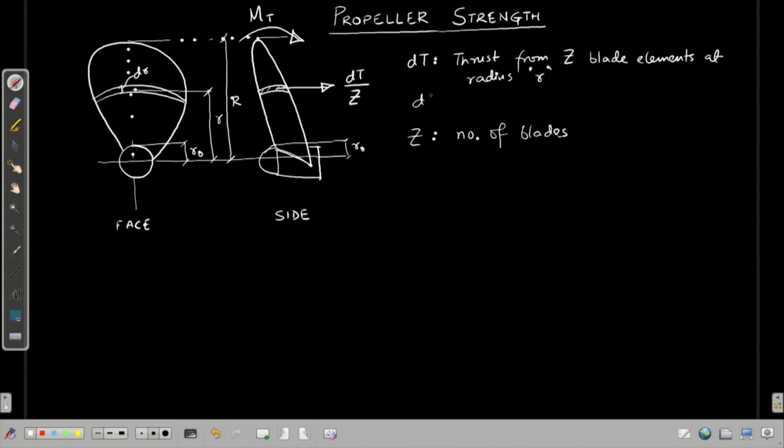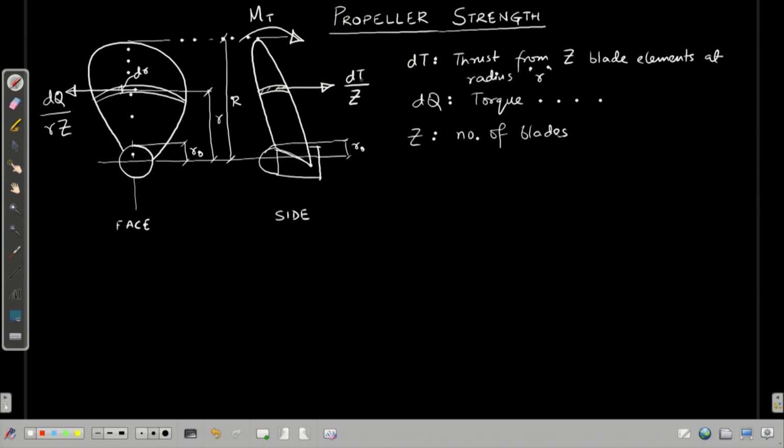Similarly, dQ will be the torque from Z elements, each of thickness dr at the radius r, and the force that causes the torque is dQ by rZ. Now, this force causing the torque is perpendicular to the propeller axis as shown here.